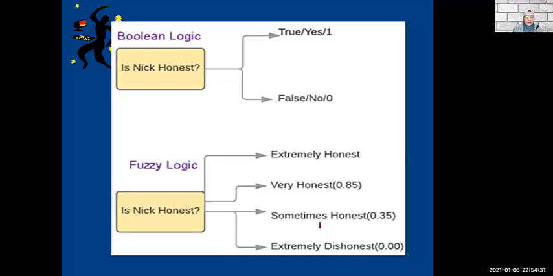But in fuzzy logic, if we ask, is Nick honest? We can say extremely honest if he always, every time, never lies to others. Or we can say very honest, maybe just 1 or 2 times, or maybe 1%, he does not tell the truth.